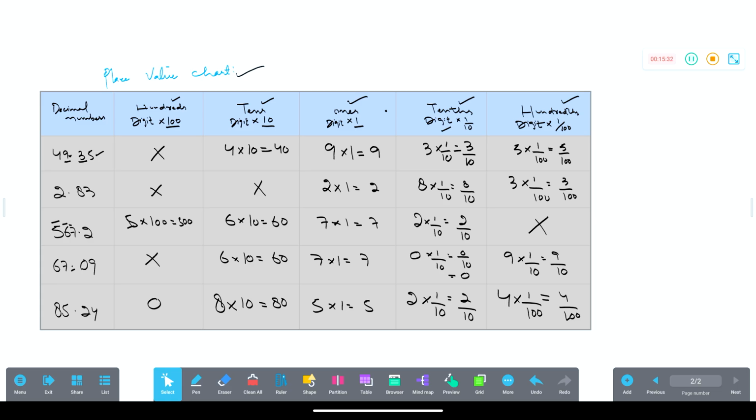So this is your place value chart of decimal numbers as well as their whole parts. So you can see, I hope you got this.